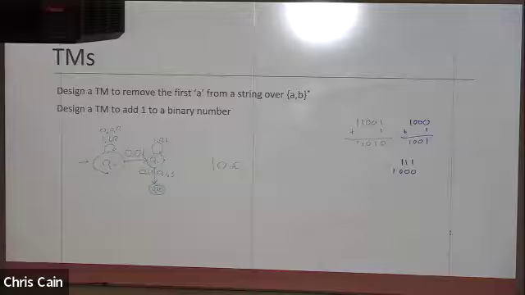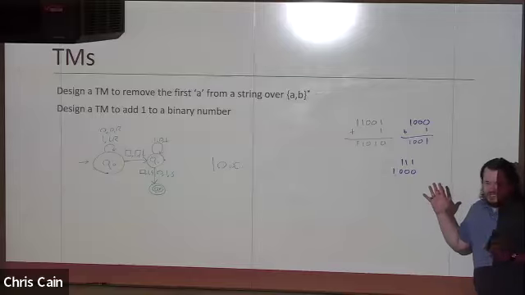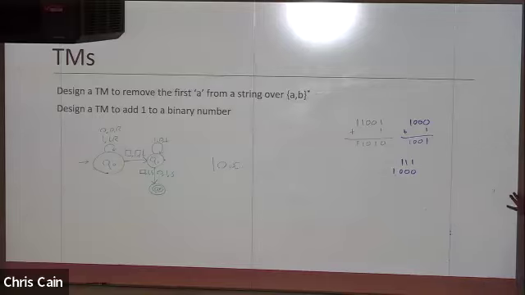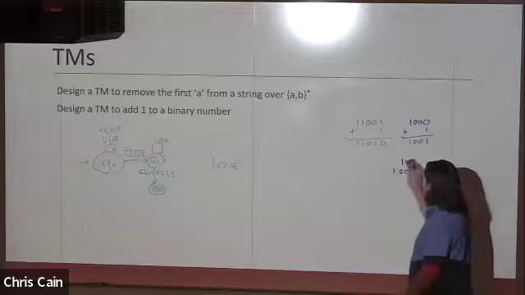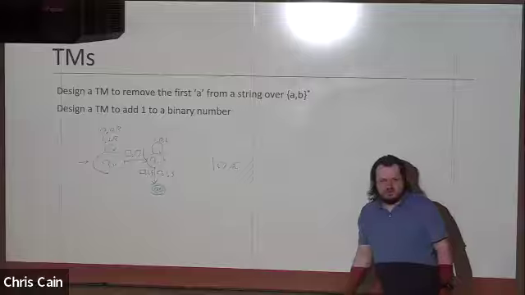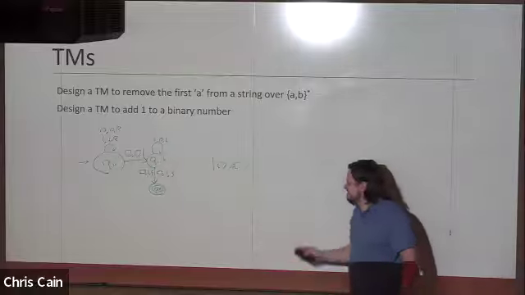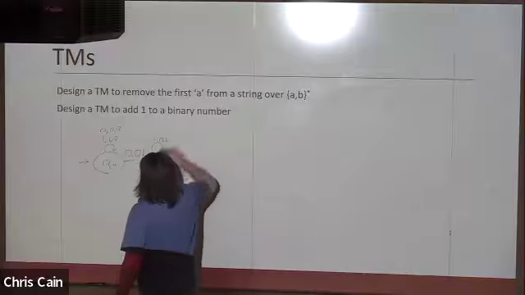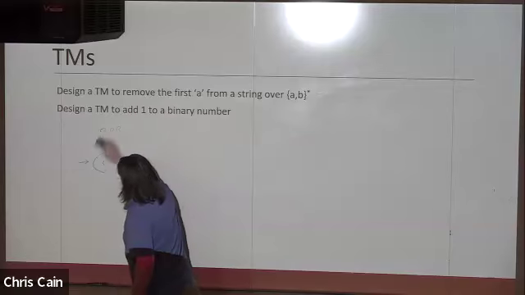It's something that I think people can throw together in a reasonably short period of time. If you don't know how to add one to a binary number off the top of your head, it's something that you can figure out in a relatively short period of time and come up with those cases. And the actual construction is pretty small. I'm not going to throw you a 15-state machine on the exam. That was for the homework. And even that was a little rough.